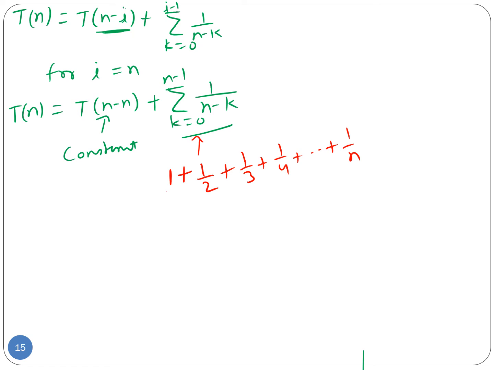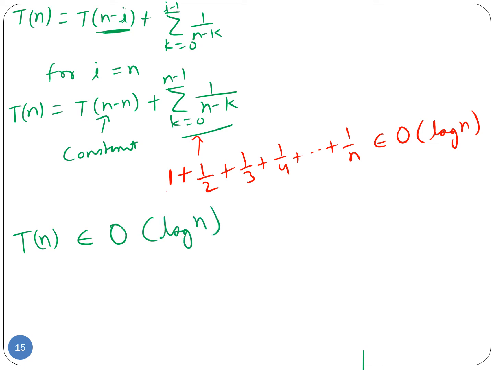So this is a harmonic series, and the sum of the harmonic series is O of log n. So this second term is theta of log n, or big O of log n, and from that, this T of n also belongs to big O of log n. The second term determines the complexity of our recurrence. So this is the answer.